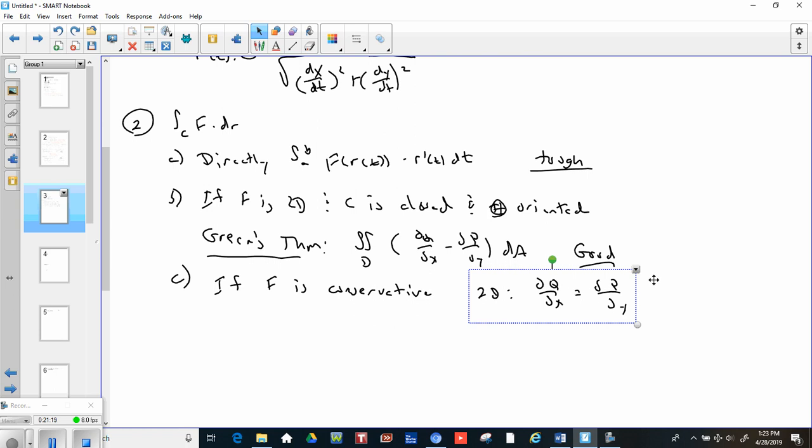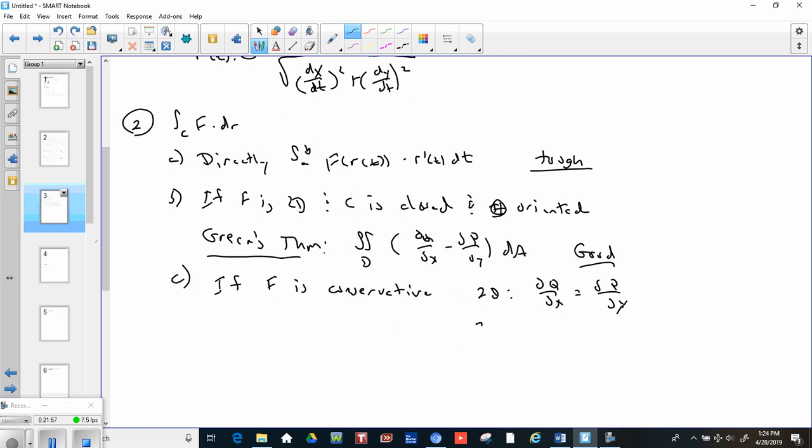If that's the case, it's conservative. So if dQ/dx equals dP/dy, it's conservative in two dimensions.